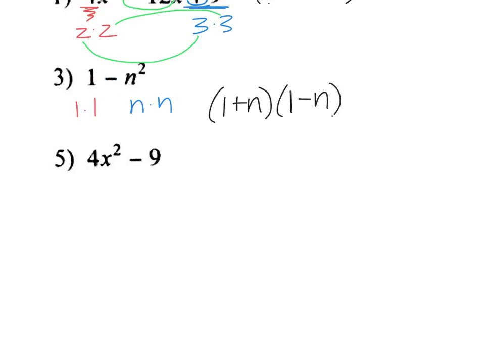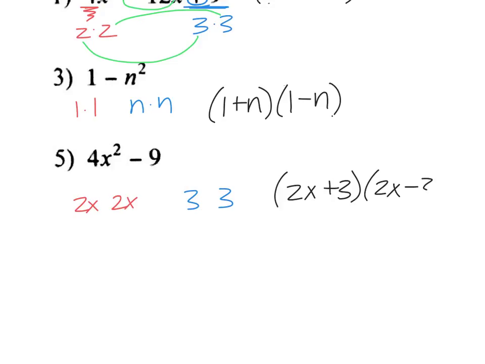Okay, so let's try the next one. This is a square. What would it be? It would be 2x, right? In the other cases, we didn't put the x, but here, and then 9 would be 3 and 3. So what do we have? We have a 2x plus 3 and then a 2x minus 3, because what's happening?